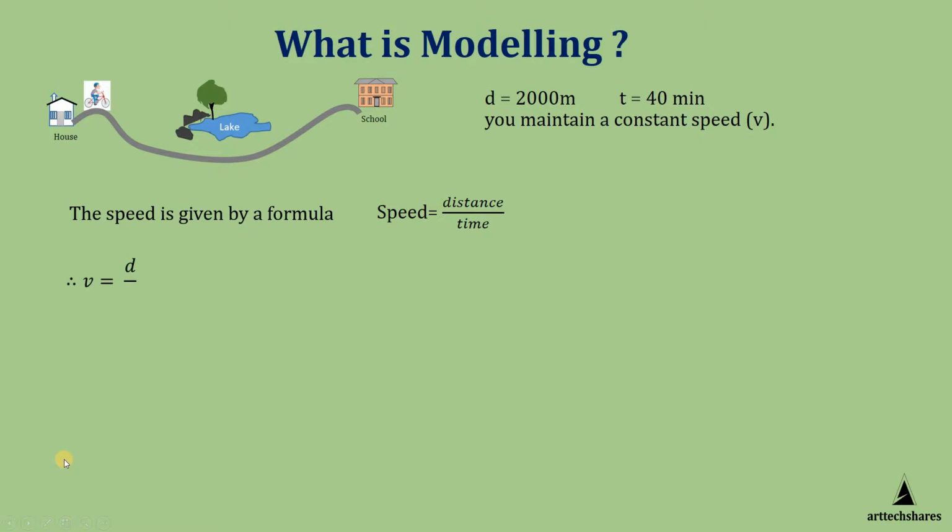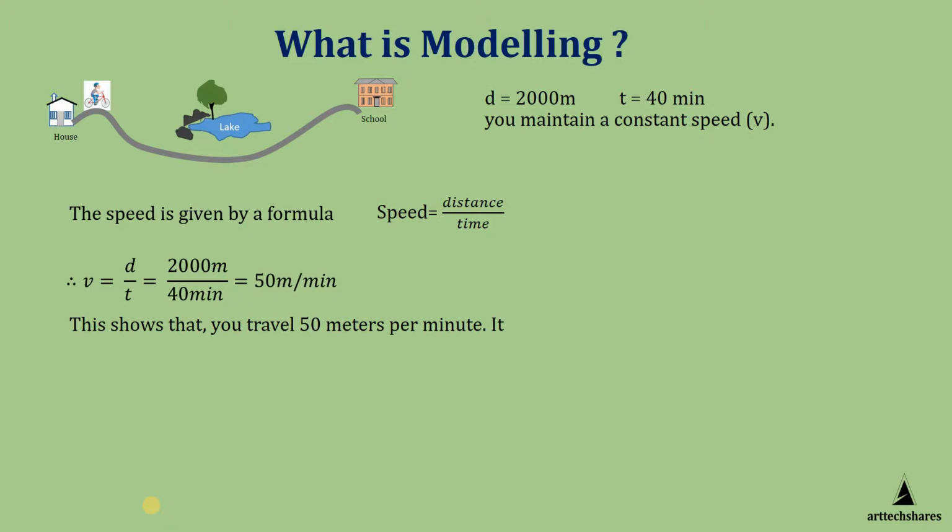So therefore we can write V is equal to D over T, that is 2000 over 40. So it will be 50 meter per minute. So this shows that you travel 50 meters per minute. It is constant, therefore we can write the formula as D divided by T is equal to 50 meters per minute.